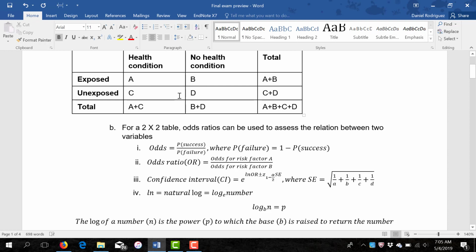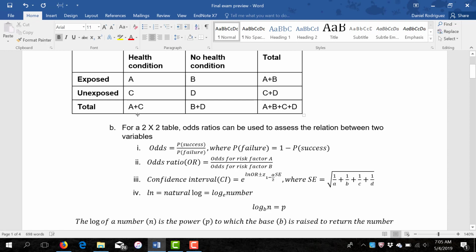An odds ratio is merely the ratio of those odds. Ratio is a quotient, so it's division. You'd be dividing the odds among those who are exposed by the odds among those who are not exposed. So if you think about it, you'd say, what are the odds of having the health condition among those who are exposed, compared to those who are not exposed?